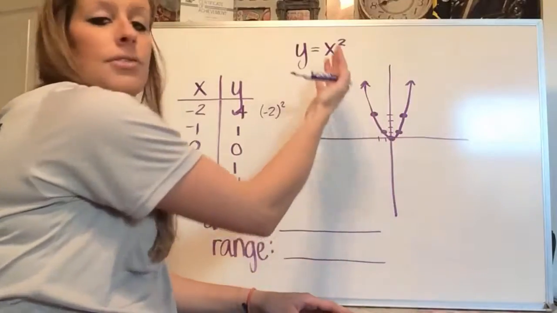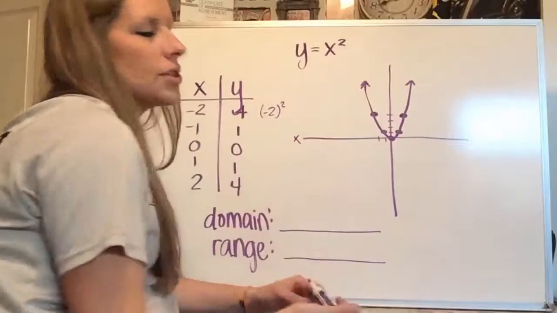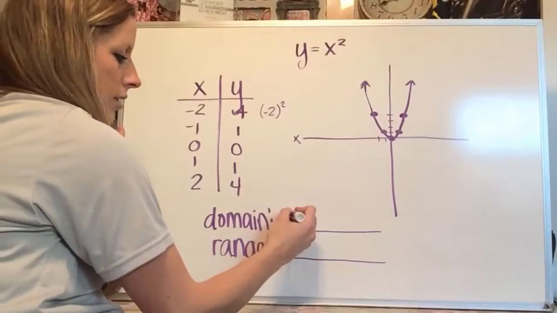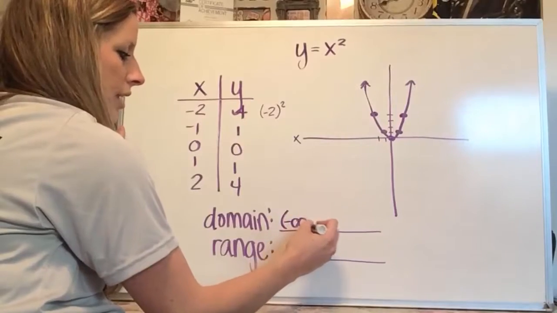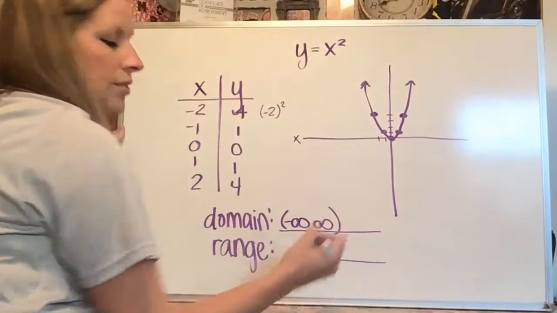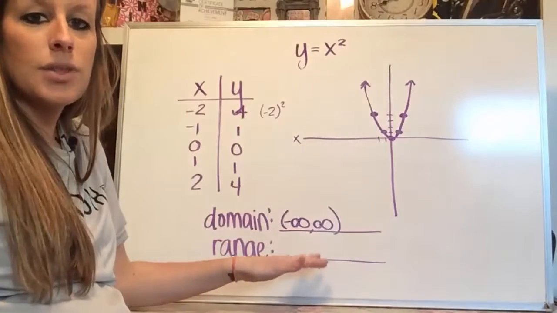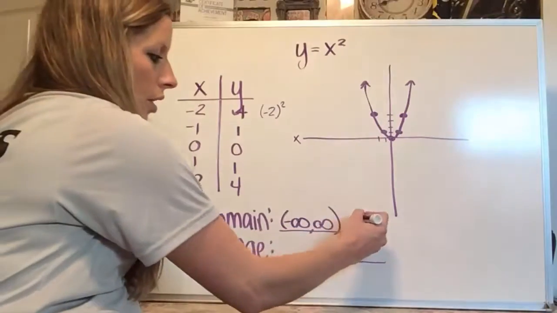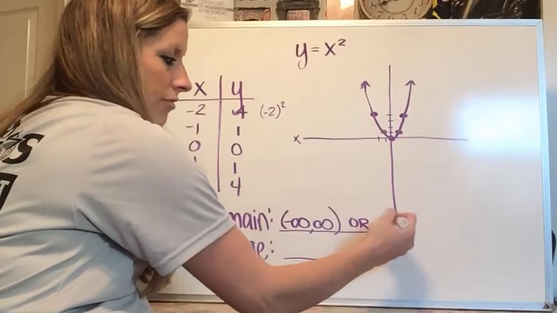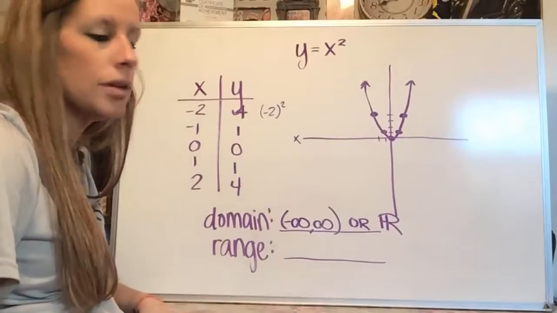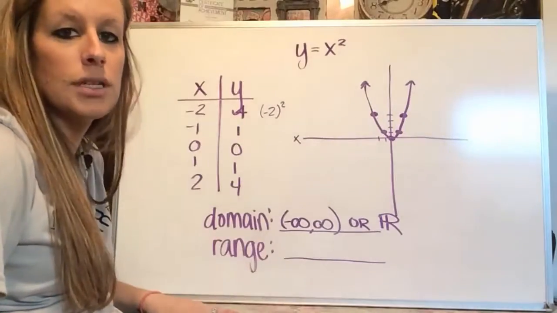It goes to the left forever, and it also goes to the right forever. So my domain would be from -infinity to +infinity. You can write it with the infinity signs, or I'm fine if you just put all real numbers, the all real numbers symbol. Either one, it's totally up to you.